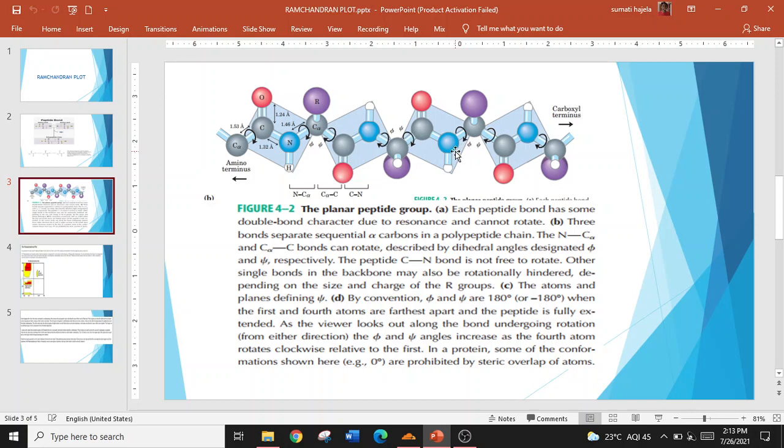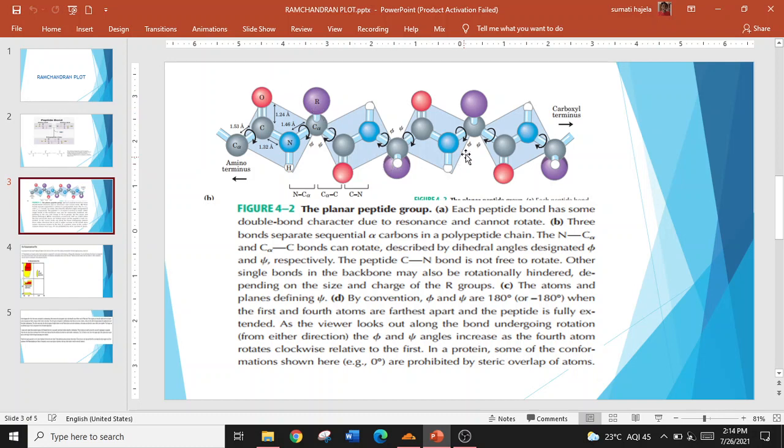Now if this is amino acid 1, this is amino acid 2, then between these two what will be the phi and psi angle, that is at what angle they will provide space to this R group.